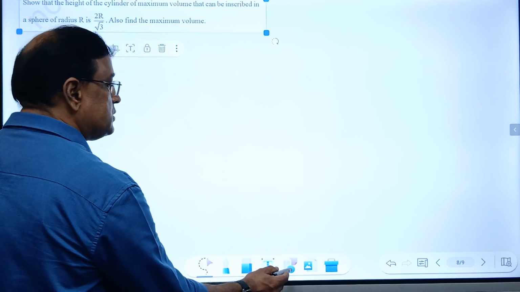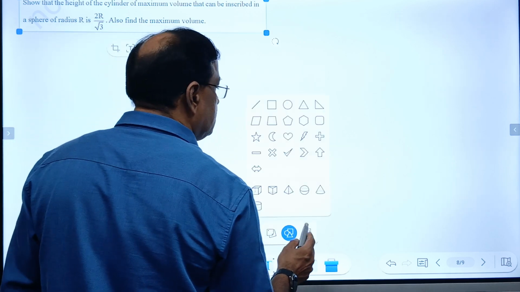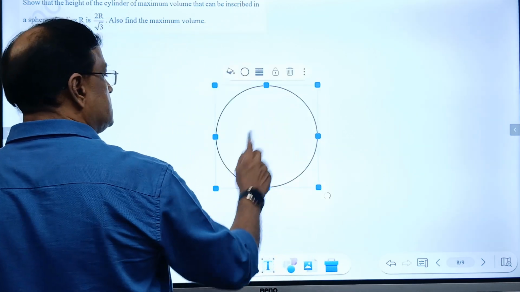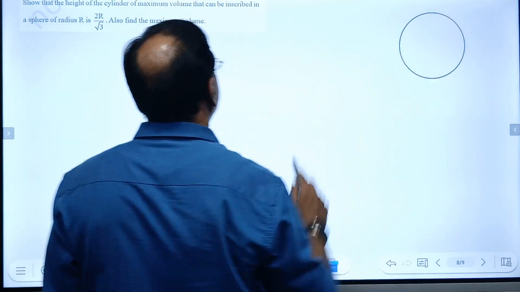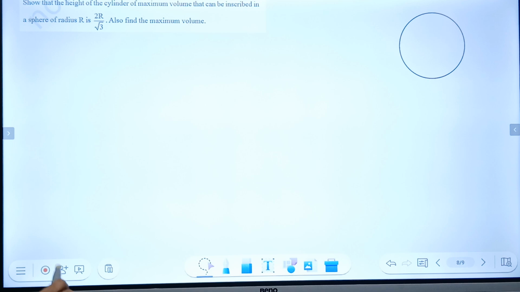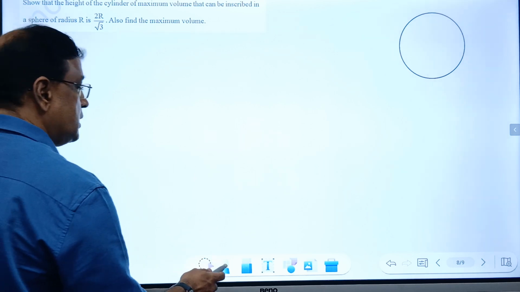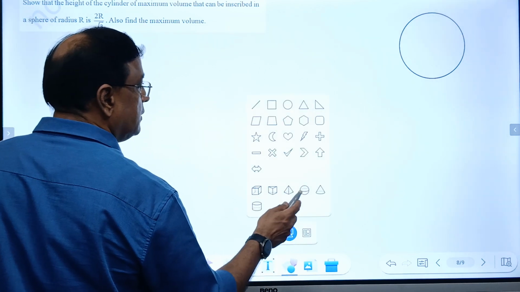So what I will do, first of all, I'll take a sphere. Now just for our understanding, I'll draw the sphere like a circle. This is a sphere. Show that the cylinder. So what is inscribed inside? Cylinder is inscribed inside.